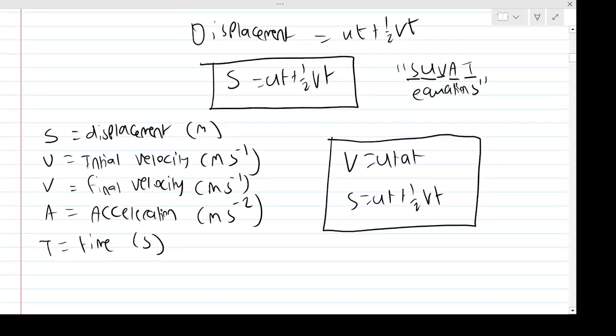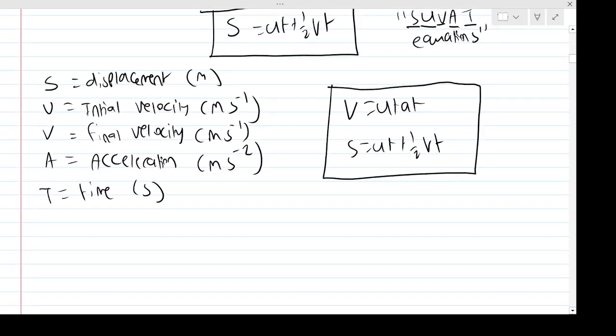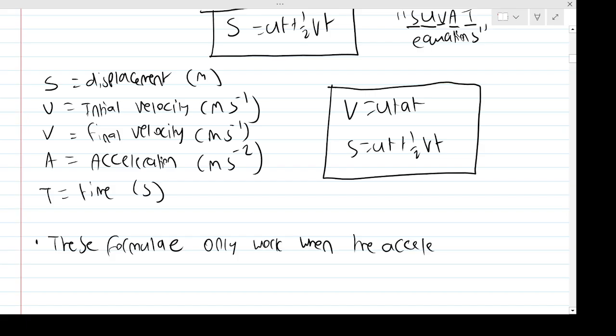So before we look at examples and applying this, there are two things to note. These formulas, or formulae, only work when the acceleration is constant.